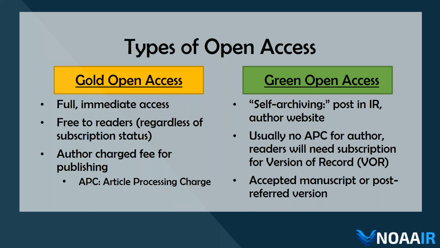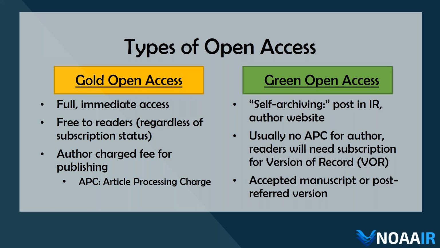However, there's a second route, and this is the route we're going to talk a lot about today as well: green open access. This is also sometimes referred to as self-archiving. This means that the open access version you're posting is going to be within an institutional repository or on the author's personal website.